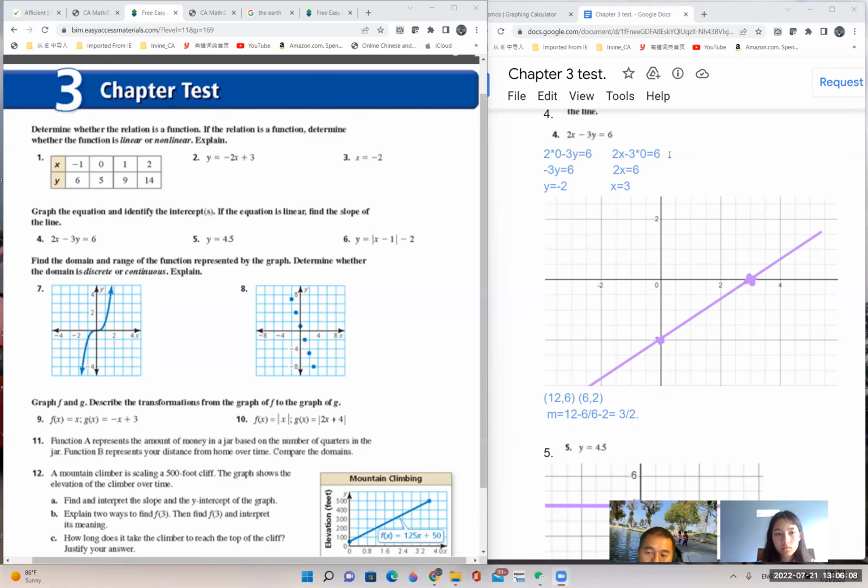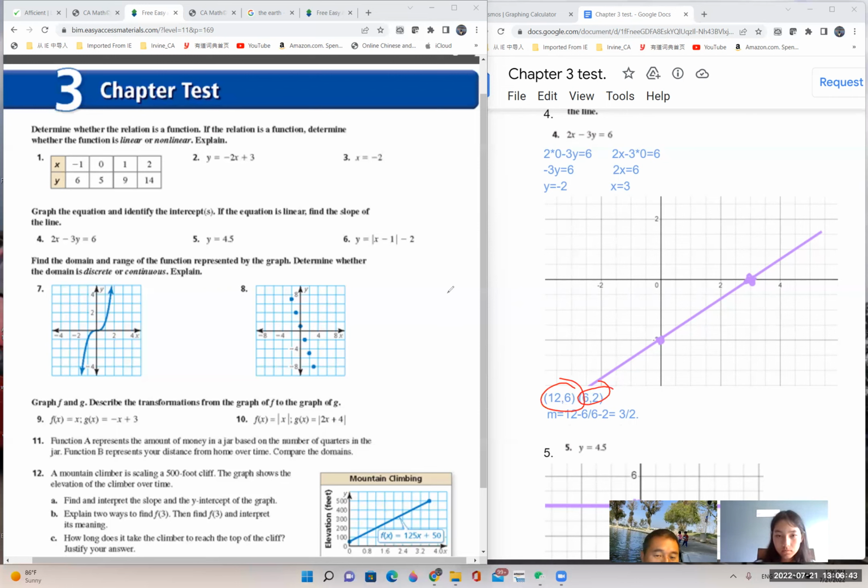Then when y is 0, x is 3. Okay. Why you mention this point? What's this? 我用那个大一点的那个 graph 找出来的两个点。 Oh.